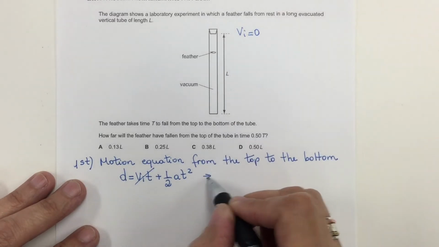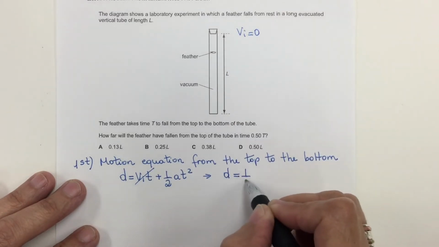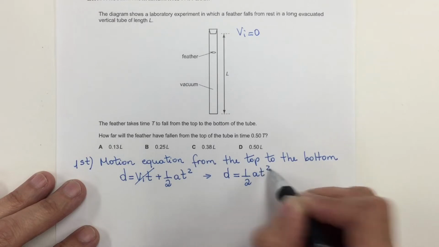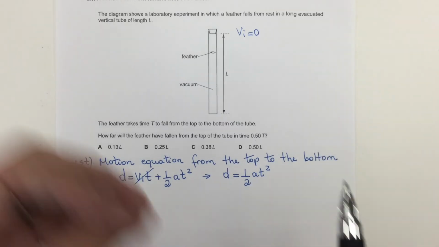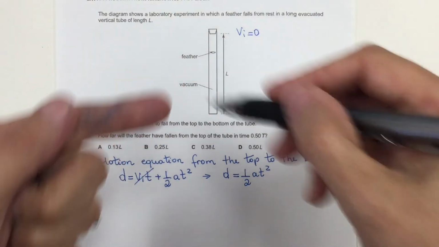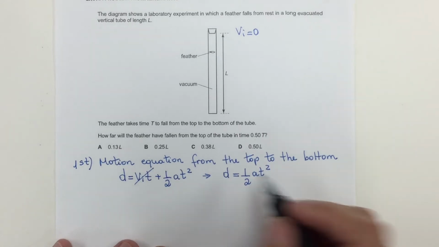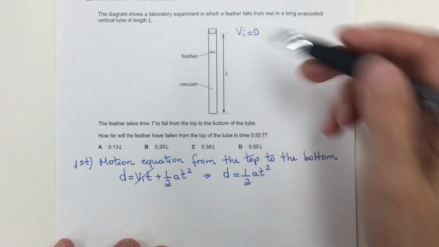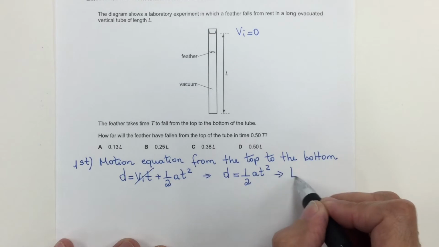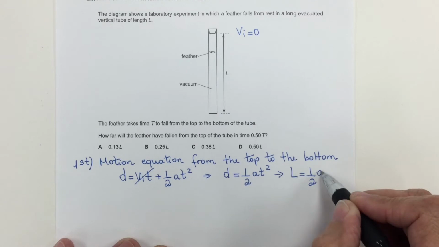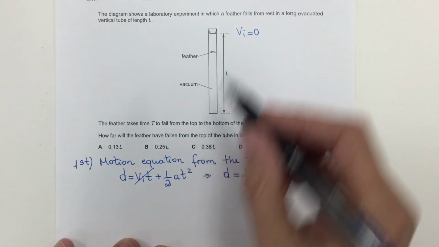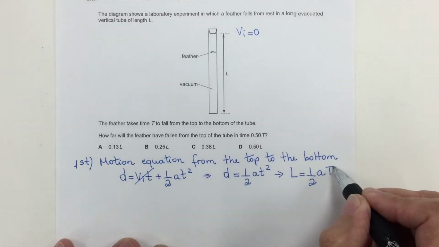So then d is equal to half a t squared. Now this is with the general labels: d distance, a, and time. Now I'm going to adjust with the variables for this problem. So here my d, the whole distance, is L. And then I have half and a, and my t, the total time, is uppercase T squared.